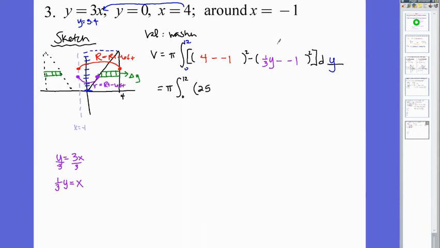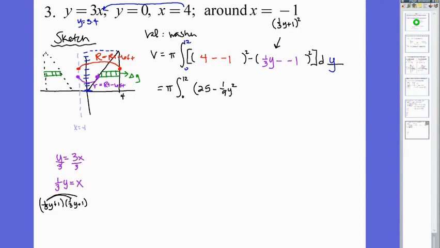But then inside this parentheses, we have 1/3 y plus 1. And we're going to take 1/3 y plus 1 and square it, which means over here off to the side in the bottom left-hand corner, I'm going to take 1/3 y plus 1 times another 1/3 y plus 1, and I'm going to FOIL that. So when I do first, I get 1/9 y squared, so I'm going to subtract 1/9 y squared.